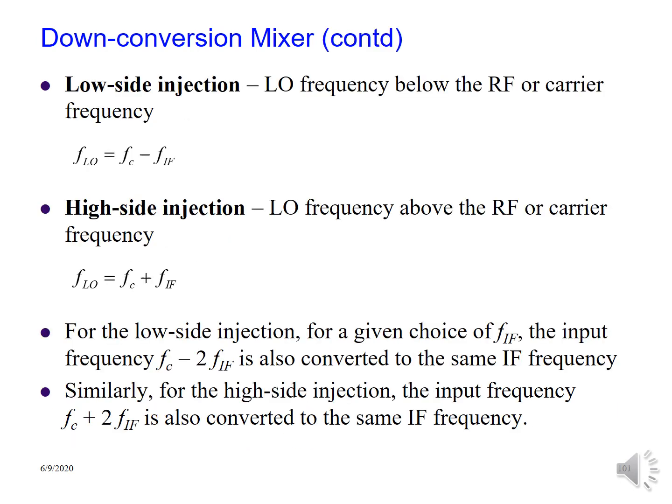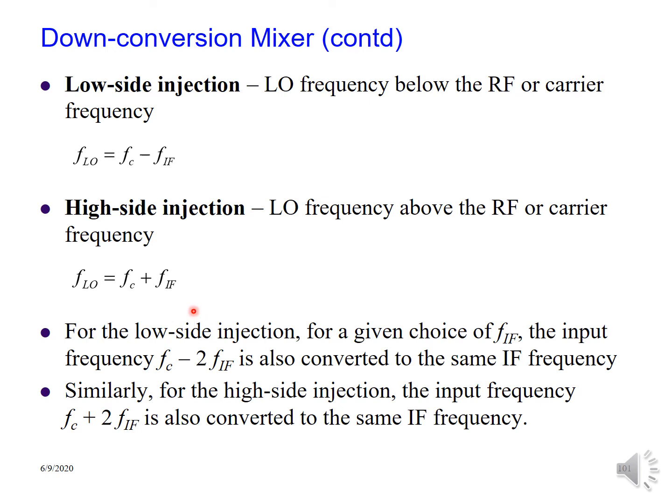Now bear in mind that the designated IF frequency equals FC minus FLO. That we call low side injection. If IF equals FLO minus FC, we call it high side injection. So what are high side injection and low side injection?